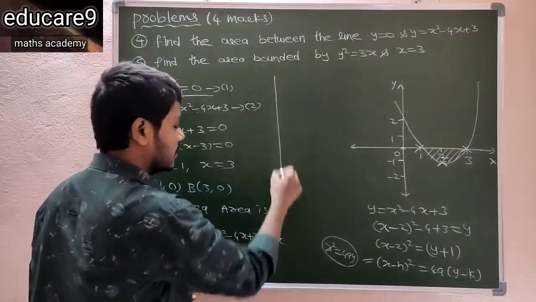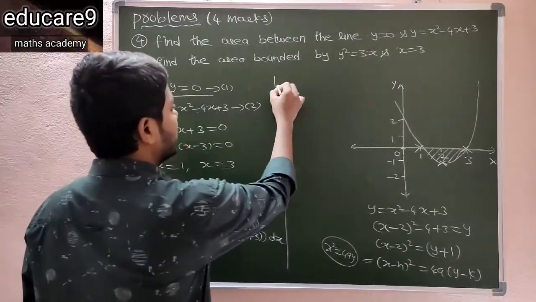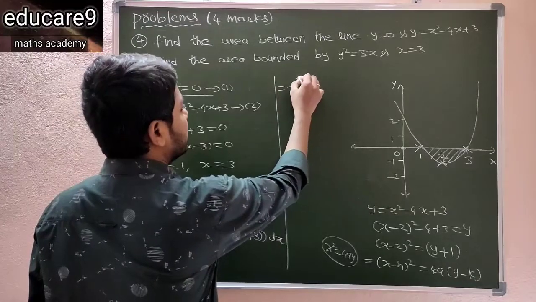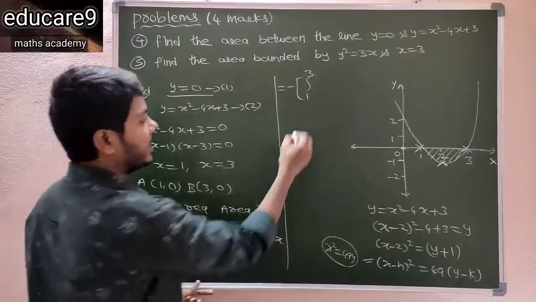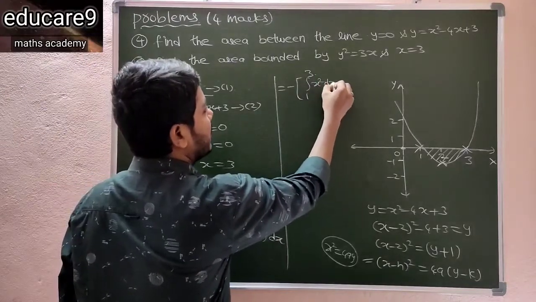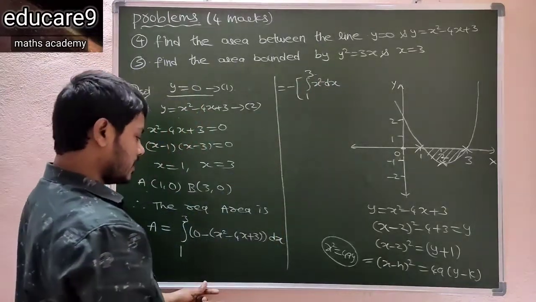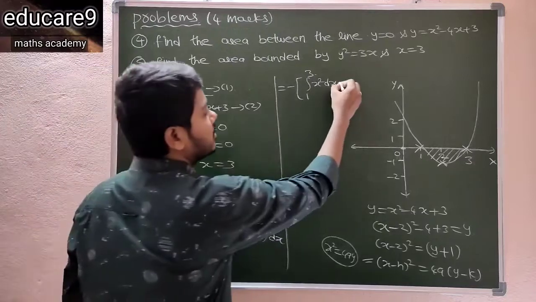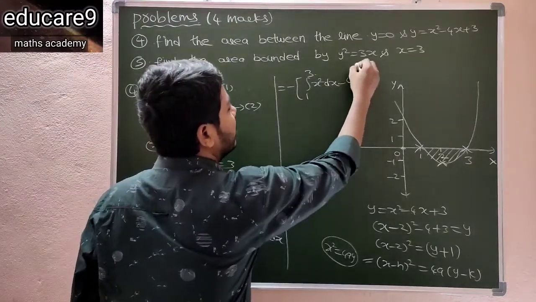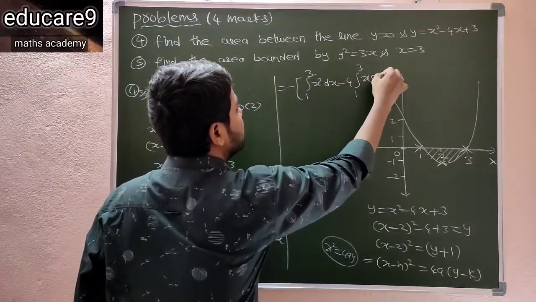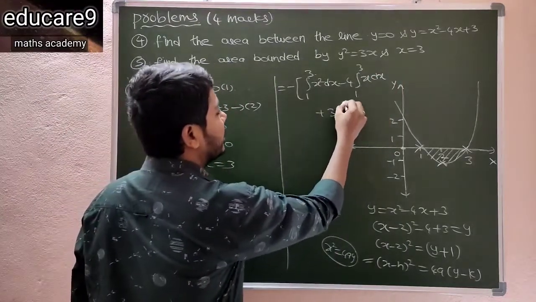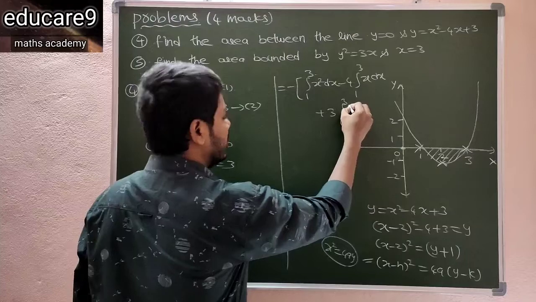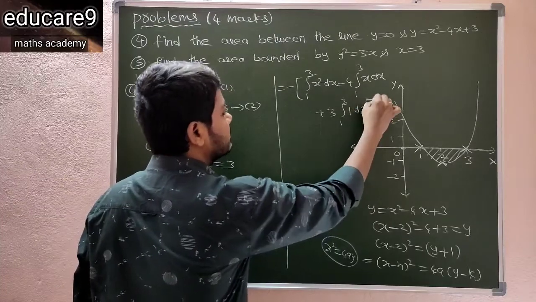Okay. Now see here, this is minus integral 1 to 3 x square dx. Okay. And minus 4 into integral 1 to 3 x dx. Okay. Next plus 3 into integral 1 to 3 1 dx.